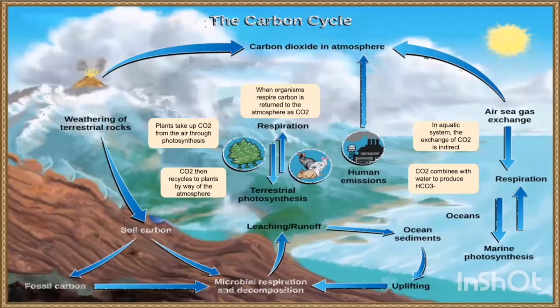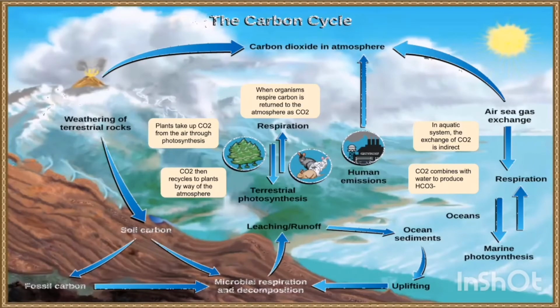Next, we have the carbon cycle. The carbon cycle can be defined as the circulation of carbon from the atmosphere, biosphere, hydrosphere, and returned back to the atmosphere. First, in the biosphere, carbon from the atmosphere enters the terrestrial organism, which in this case is the plant. Plants need carbon dioxide to carry out the photosynthesis process.